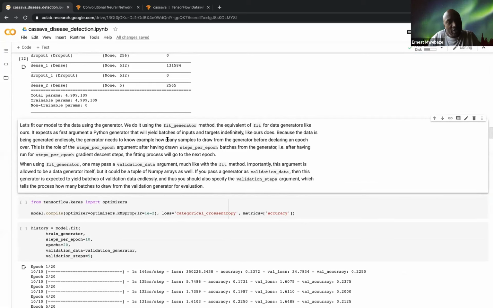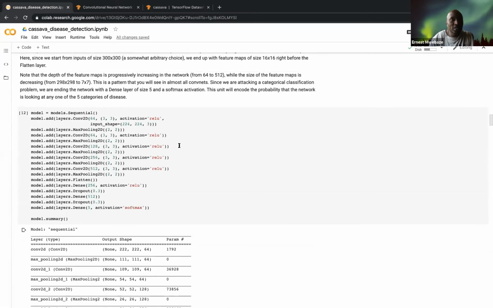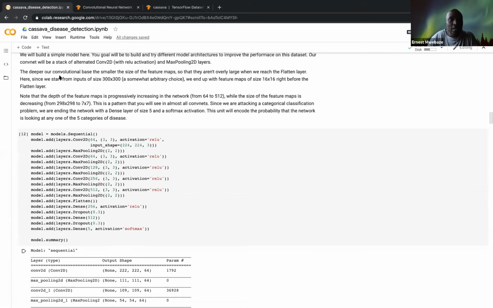It expects a Python generator, which will yield batches of inputs and targets. So you yield a batch of 16 images with their targets, which is what we saw here. This is what the generator does. It keeps releasing batches of 16 images with their targets, and then these go through the convolutional layers.